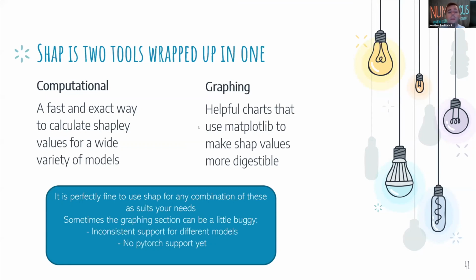However, the graphing stuff that it does is actually just different types of matplotlib charts tacked on top of the actual SHAP values that were computed. So you wouldn't necessarily have to do this. I've found on my own lots of times, if something like this is being used in applications or in dashboards, I typically just take the SHAP values and pass them into another graphing library. So they're not exactly one and the same.